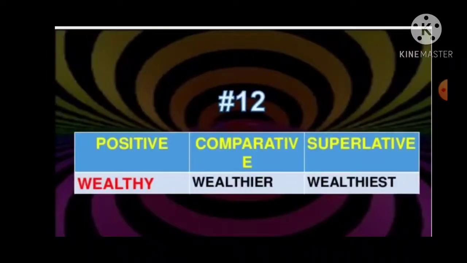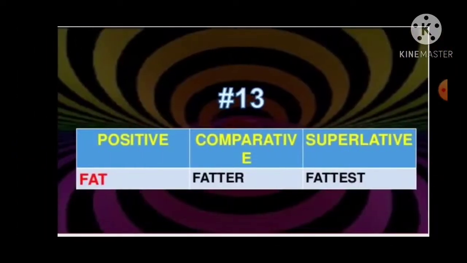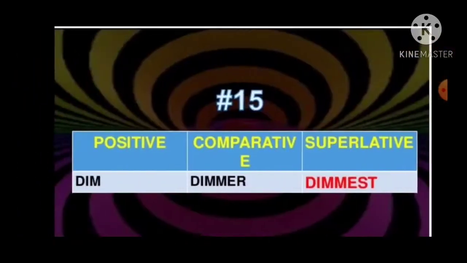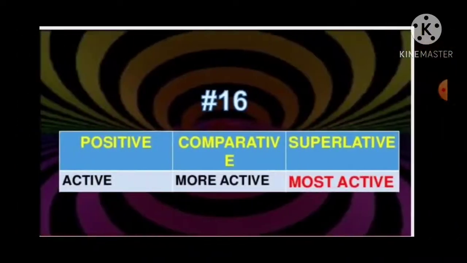Wealthy, wealthier, wealthiest. Fat, fatter, fattest. As I told, if the last letter of the given adjective in positive degree is a consonant preceded by a short vowel, you have to double it before you add er and est. Remember the rule. Thin, thinner, thinnest. This also follows the same rule, the N is doubled. Dim, dimmer, dimmest. This also belongs to the same category.